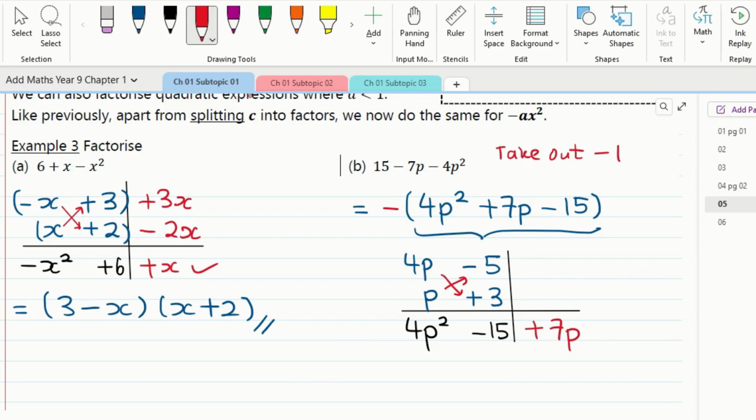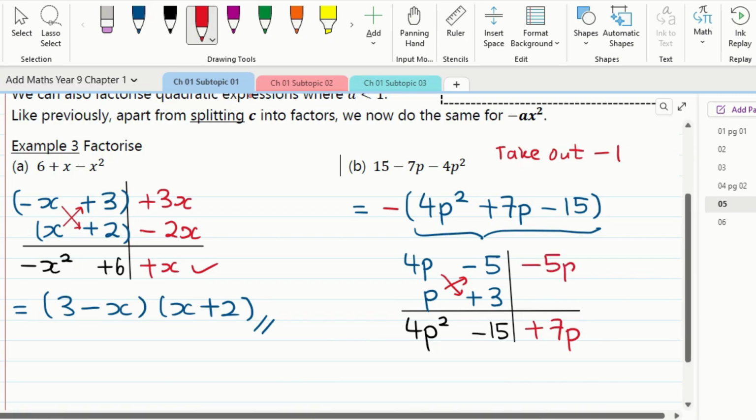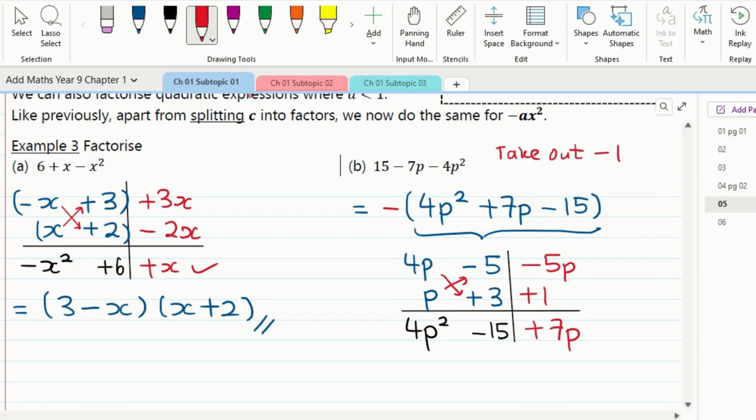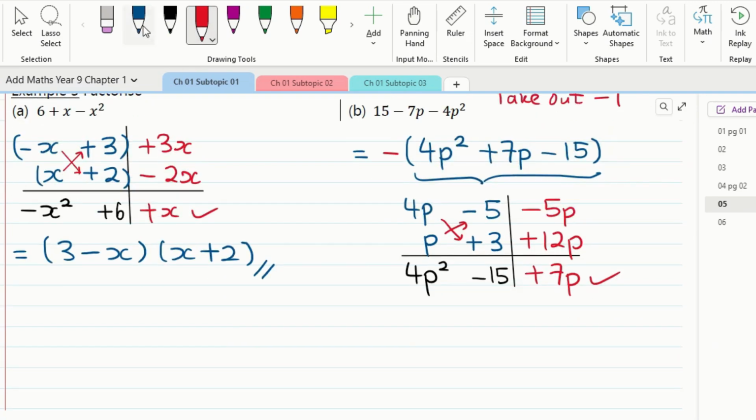The p times negative 5 is going to be negative 5p, and then 4p times positive 3 is going to be plus 12p. And here, in this part, again, please double check. Is this correct? Yes, this is correct. So this one, okay, as your final answer. Don't forget the negative sign here. And next to the negative sign is going to be the factorized form for expression 4p squared plus 7p minus 15.